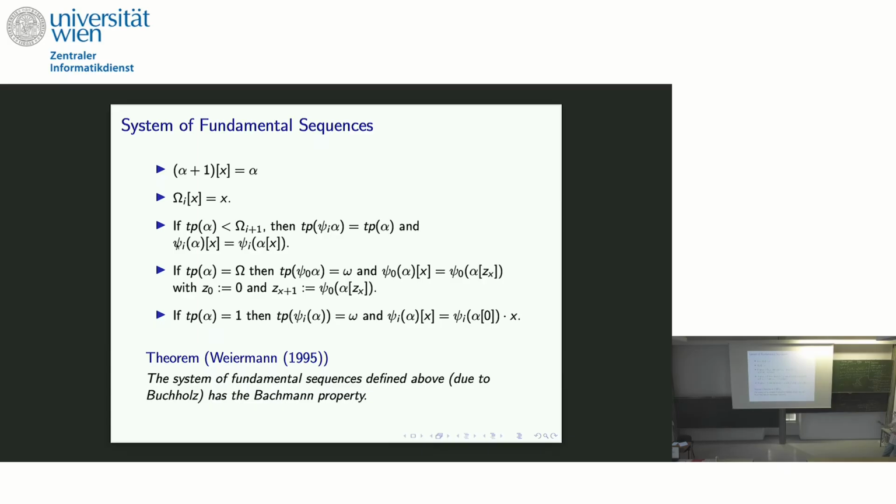Because if it doesn't, we have to prove that. And this is what, for example, for theta function, David and Andreas did. So luckily, this system of fundamental sequences that I'm using has the Bachmann property, which allows me to use the proof theoretic facts about ID2.